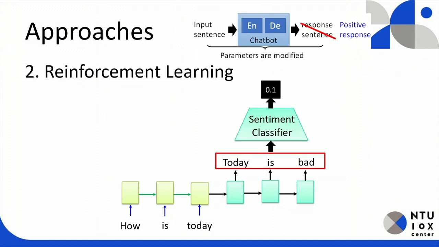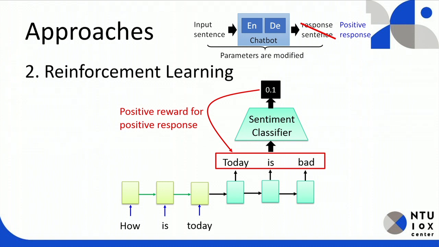In reinforcement learning, we also need a sentiment classifier. The sentiment classifier takes the output of the chatbot as input and outputs a value. Then this value is the reward of your chatbot. You consider your chatbot as an agent, and the reward you obtain is the output of the sentiment classifier. Then your chatbot will learn to maximize the output of the sentiment classifier.